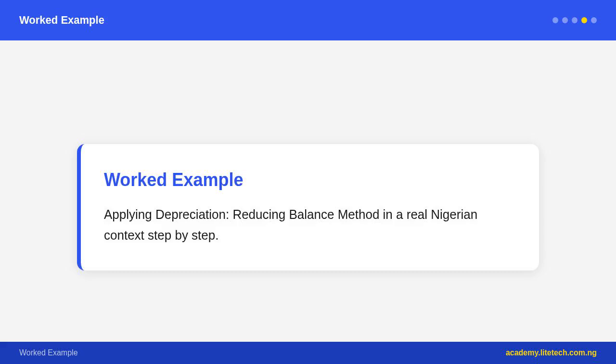Year 3 equals 2,250,000 x 25% equals 562,500, NBV 1,687,500 Nigerian nairas. Year 4 equals 1,687,500 x 25% equals 421,875, NBV 1,265,625 Nigerian nairas. Asset never reaches exactly zero.